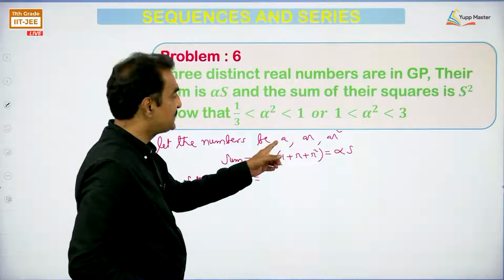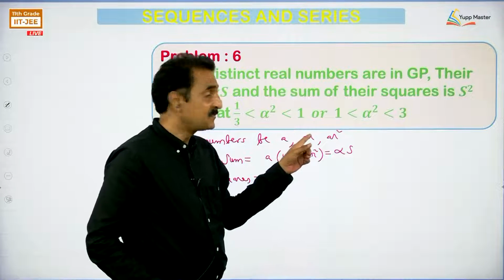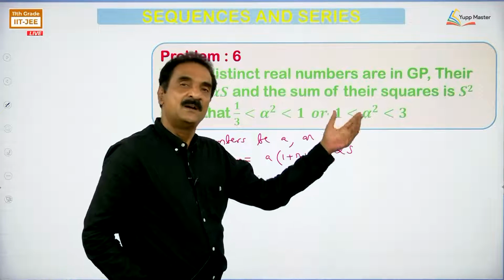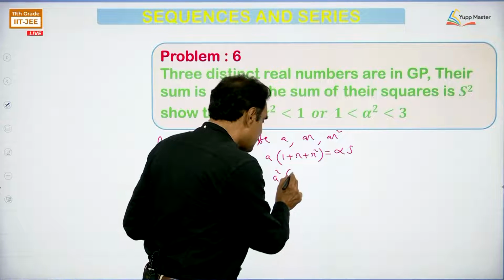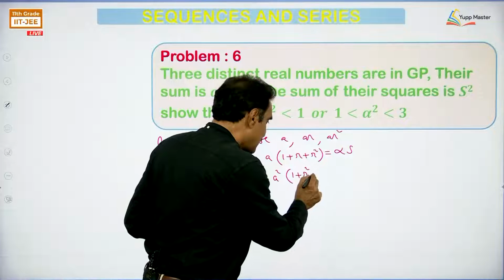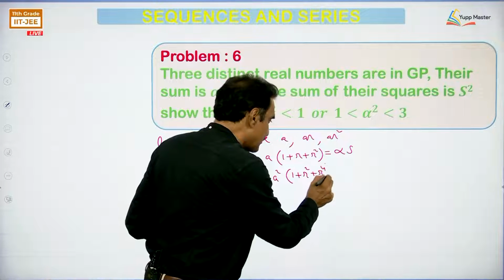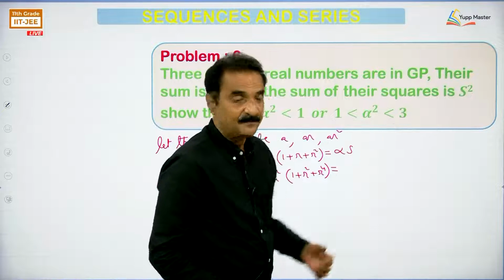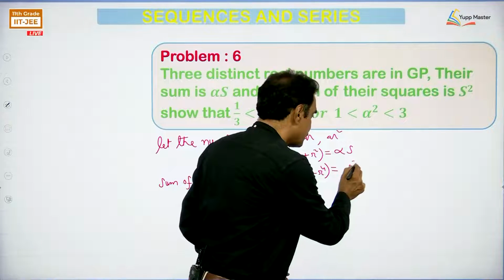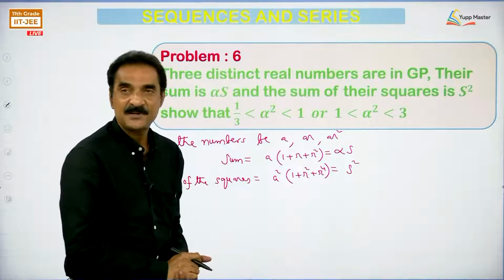What is sum of the squares? A square plus A square R square plus A square R power 4. Take A square common and write A square into 1 plus R square plus R power 4, it is given as capital S square. This is the given information.